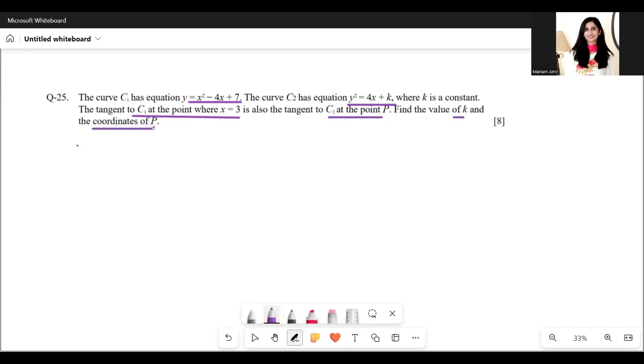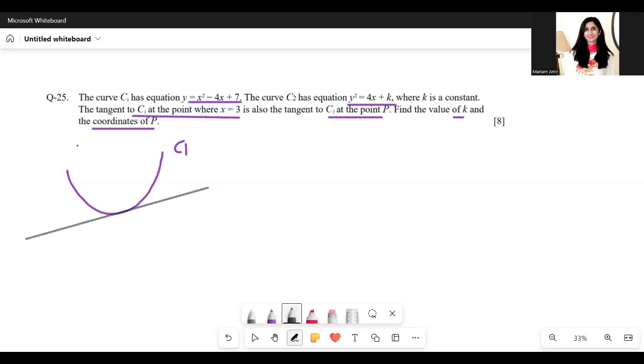Okay, so there's some curve C1 and it has a tangent at some particular point, and that tangent is also tangent to another curve, which is y squared equals 4x plus k. Don't know what it looks like. Let's assume it looks like this.